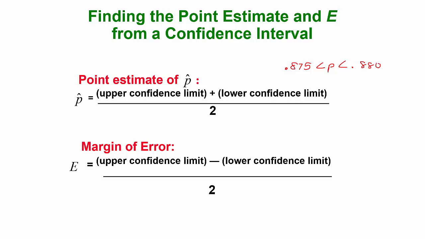Well, from any confidence interval, you will be able to backtrack and find what the original p hat, or point estimate, was, and the margin of error. To do that, when you have an interval, you can just add the upper limit and the lower limit together and divide by 2 to get p hat. To find the margin of error, one way to do it is to subtract the limits and divide by 2.